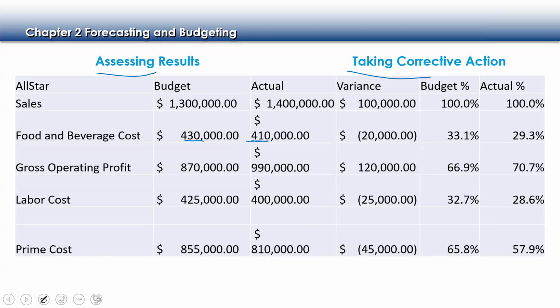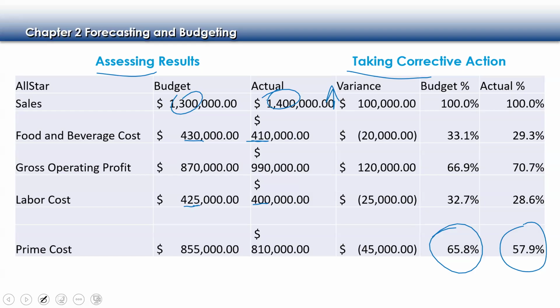Then if we look at our labor, we were supposed to spend 425, we actually only spent 400,000. So not only were our sales up, 400 to 300, that's good, our expenses were down as well. My prime cost budget was 65.8%, but in reality, it was 57.9%. So that's a huge savings.